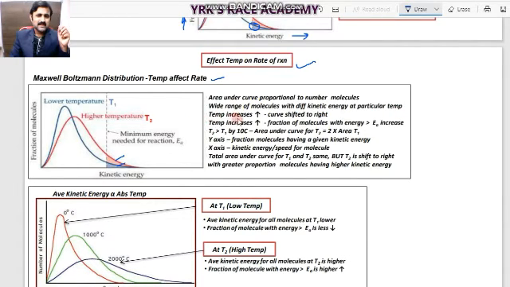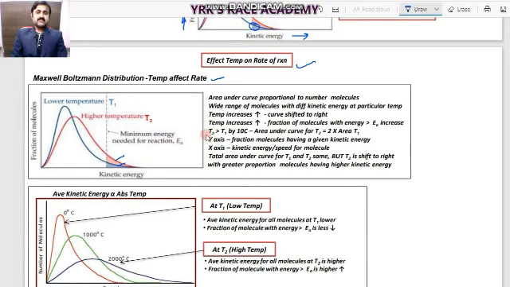As temperature increases, the curve shifts to the right. See, blue curve, red curve: the red curve is high temperature, the blue curve is low temperature. Once the temperature increases, the curve shifts towards the right side of the kinetic energy axis. So as temperature increases, the fraction of molecules with that particular energy increases.